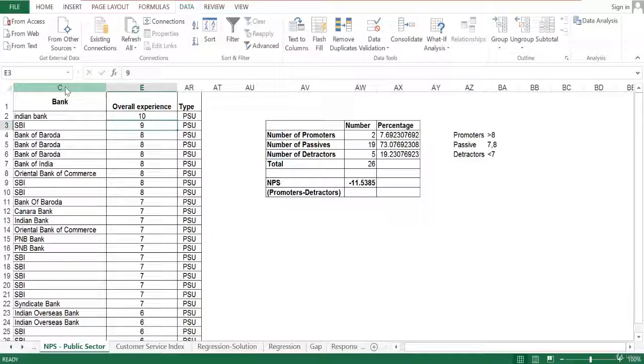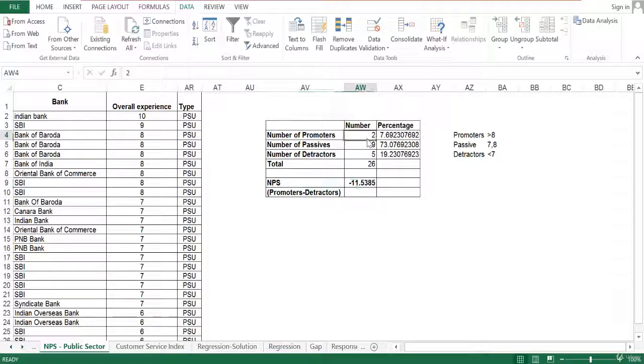Only for sample purposes we have taken a small number of respondents. This is just for demonstration of how NPS would be calculated. We have taken the responses of around 26 respondents from the actual 200 respondents, and we are trying to see the net promoter score of the banks under the PSU umbrella.